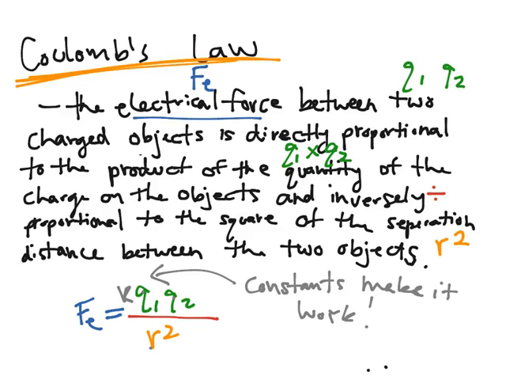And what they found is that it's always proportional, and then we get the exact same number if we multiply it by this number. So constants are from experimentation. Someone actually did this hundreds of thousands of times, and discovered that this number makes the math work.